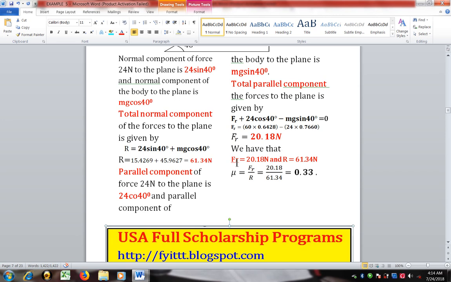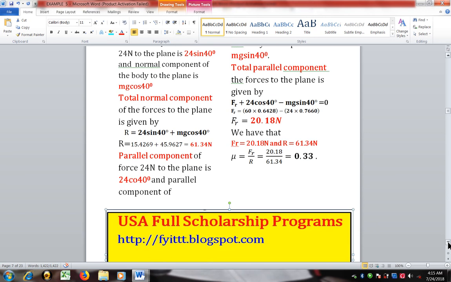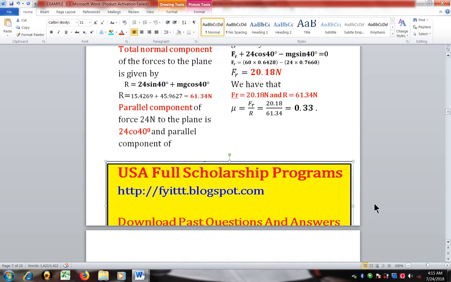We know that the frictional force is 20.18 and the normal reaction is 61.34 when we add up the forces. Now our coefficient of friction is usually given as frictional force over normal reaction. That is 20.18 divided by 61.34, and that gives us 0.33. That is the coefficient of friction.